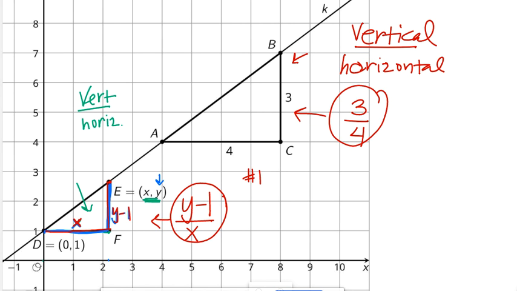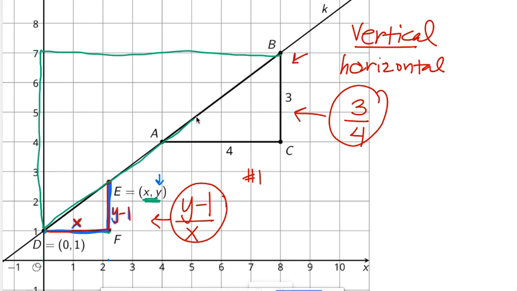if I were to create a triangle, let me clear some of this out. Let's say I were to create this triangle. Pretend that this is an actual straight triangle. Remember, if I can create a triangle where the longest side is along this line here, then I know that they're similar.